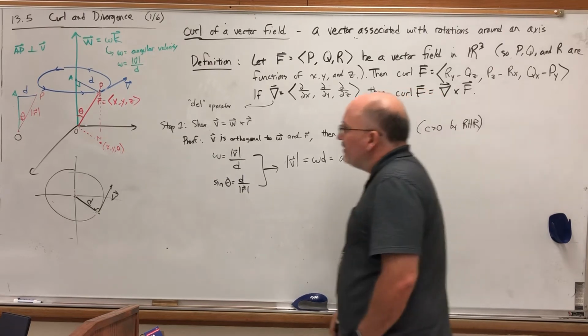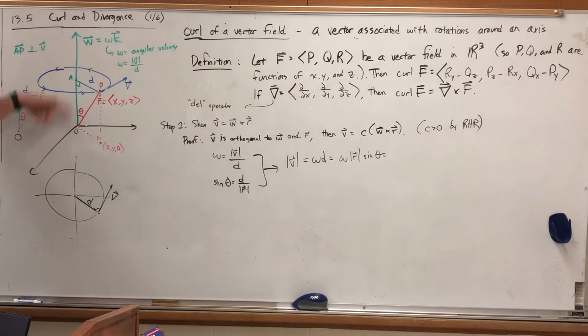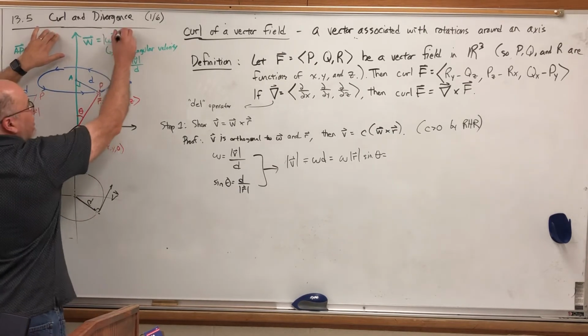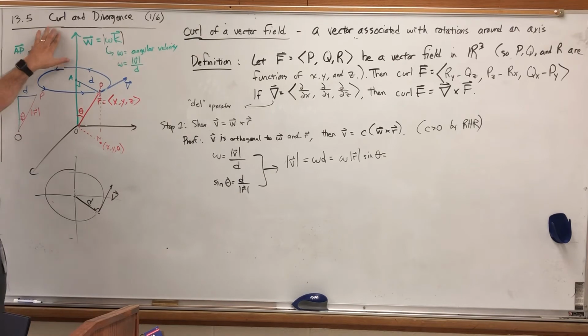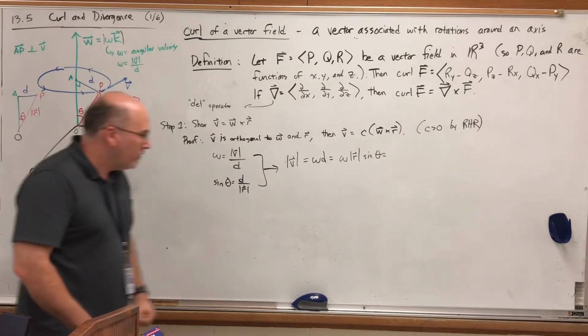But what is omega? Besides the angular velocity, it's also the magnitude of vector W. That should be pretty transparent, because if I take the magnitude of this, omega being positive, we can factor it out, and the magnitude of K is 1 because it's a unit vector.